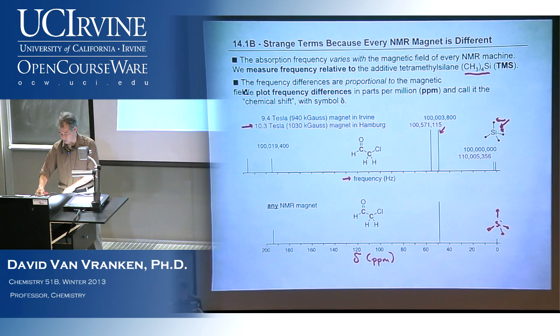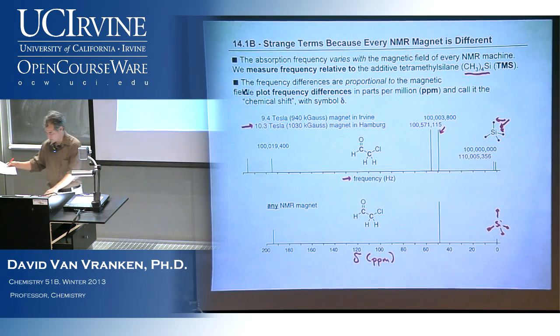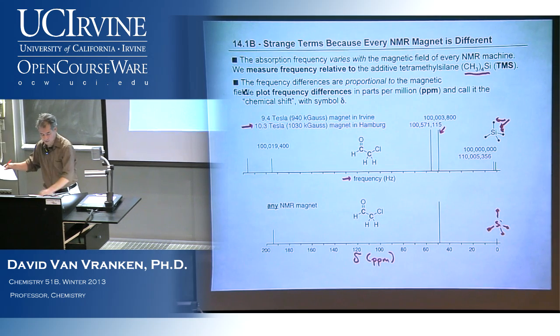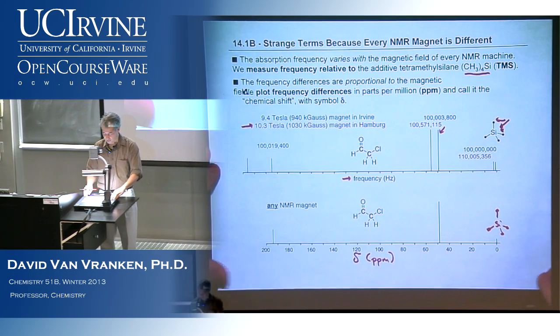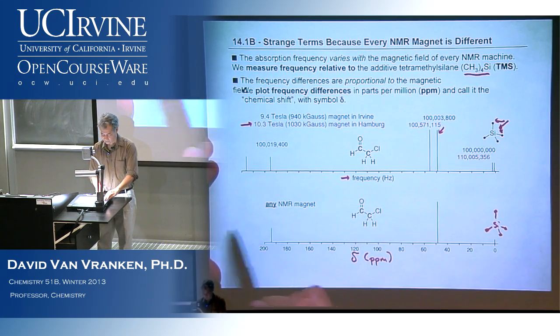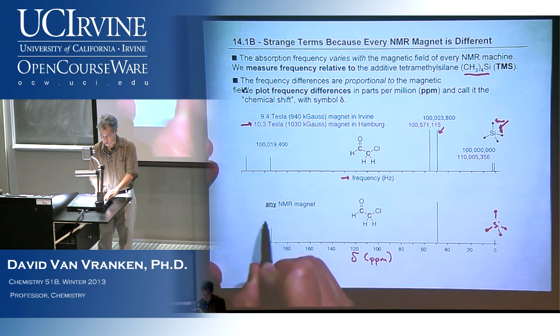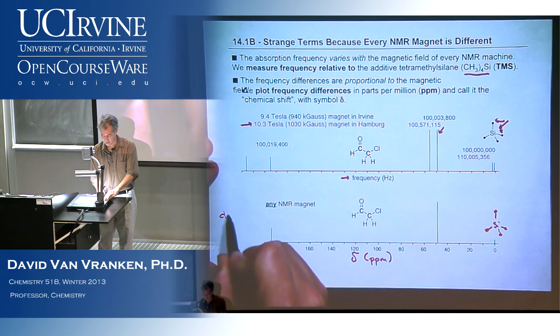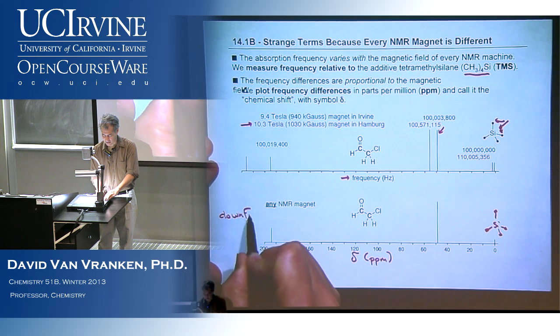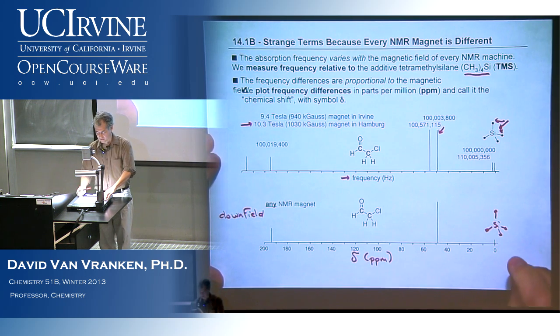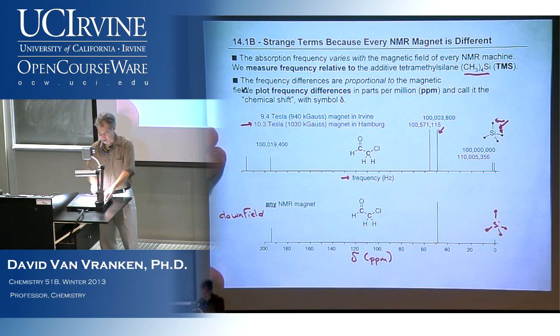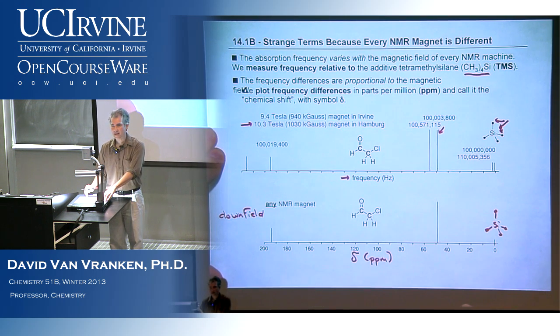There's a second weird feature here because the spectroscopy is related to magnetic fields, and that is we add special labels to our spectra. We describe this region over here of the spectrum as downfield, because in the old days, they didn't plot against frequency, they plotted against changing magnetic field. You don't need to worry about why that is.